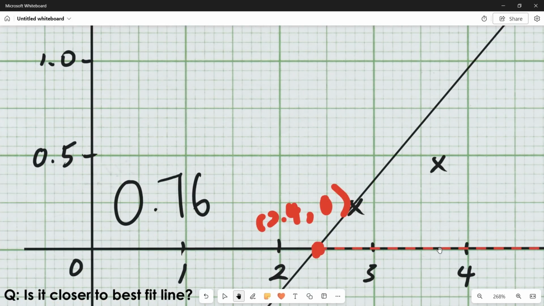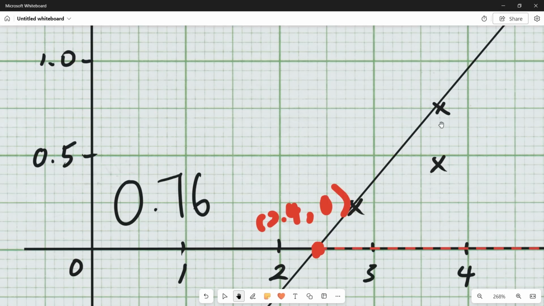So x equals 3.7 would be this line, right? And the y coordinate now is 0.76, so the point would be somewhere here. Now you can see that this new point is very close to the best fit line. So this proves that this new y value is accepted as one of the y values, right?